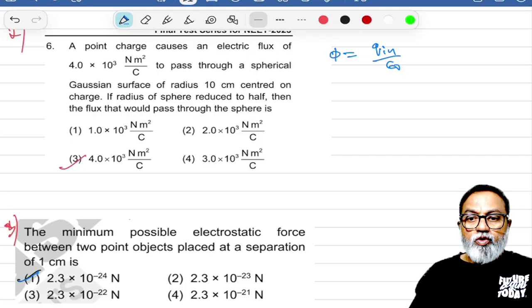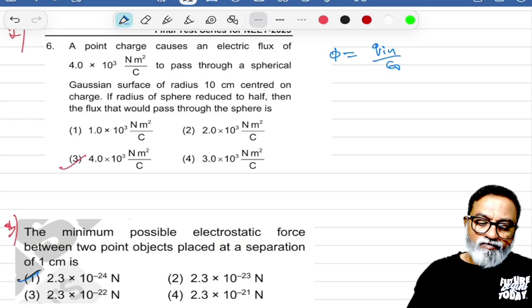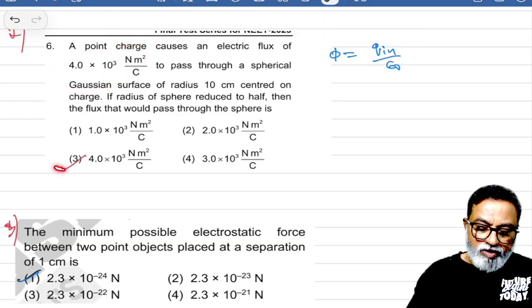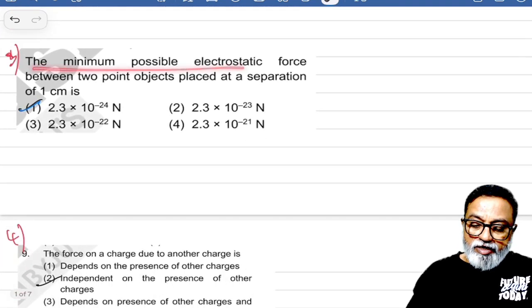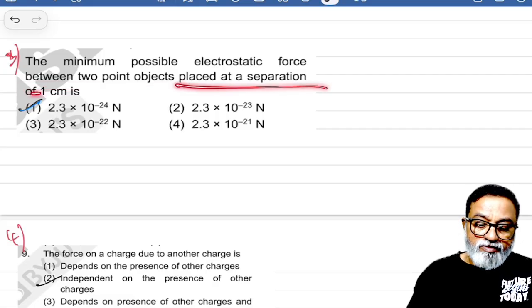This flux only depends on the charge inside the Gaussian surface, and does not depend on the size or shape of the Gaussian surface. Therefore, if you decrease or increase the size, flux does not change, it only depends on the inside charge. Here the inside charge does not change. Therefore, flux remains the same, that is 4 into 10 cube. Therefore, answer 3.